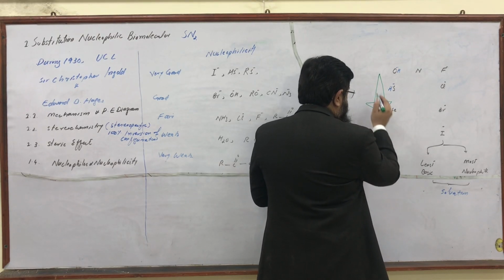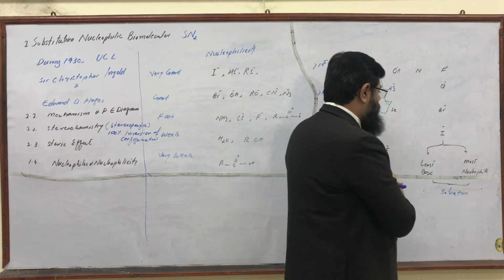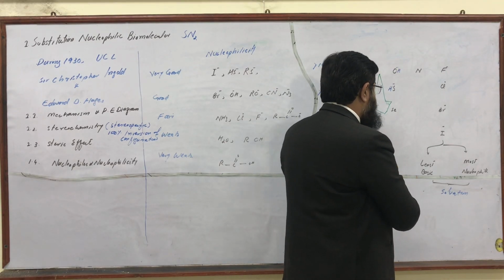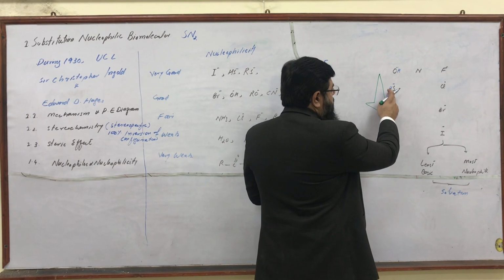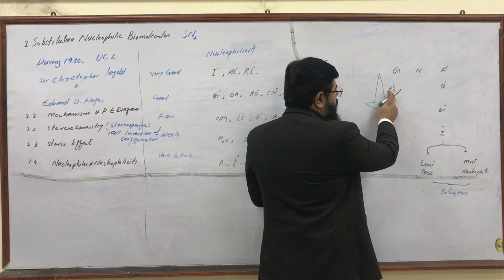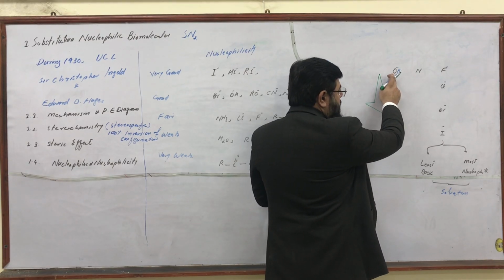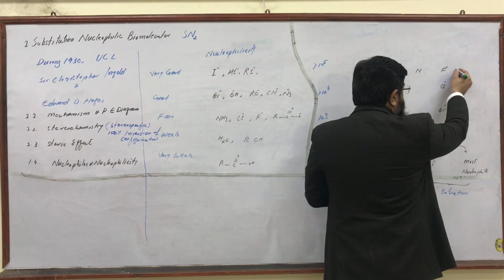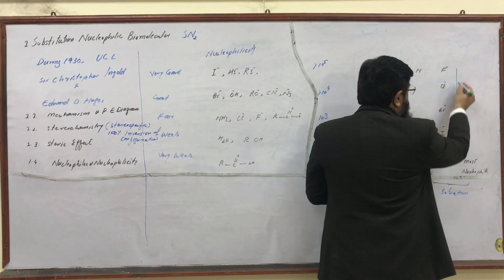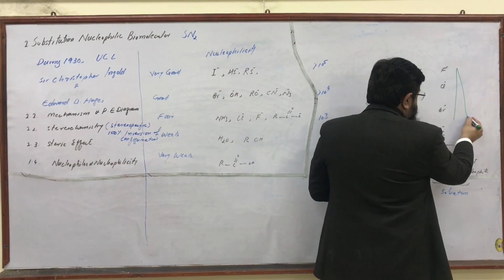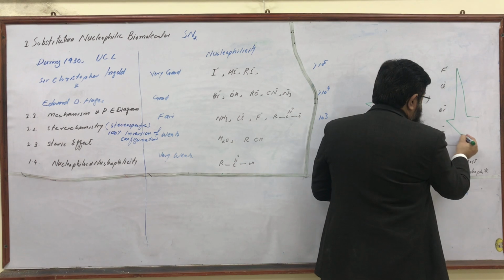With that increase in size, the nucleophilicity increases. So it means this particular ion has more nucleophilicity as compared to this hydroxyl group. Similarly, when we move down from fluoride to iodide, the size of the ion increases and nucleophilicity increases.